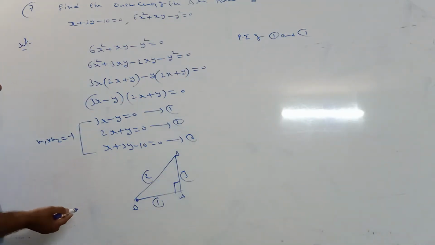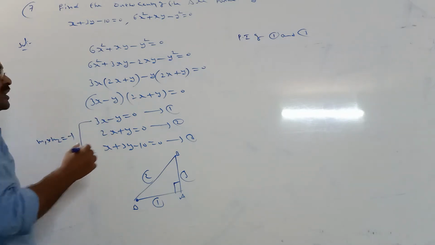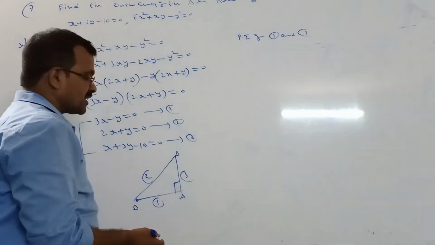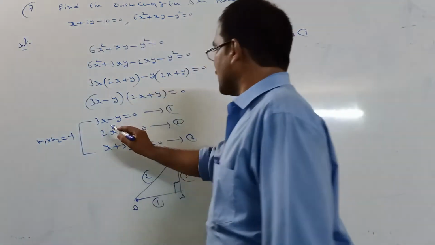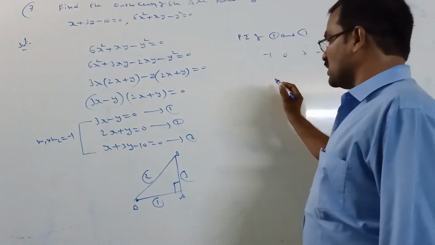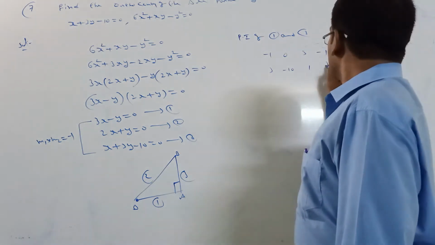So by the elimination method, 3x minus y equal to 0 means y equal to 3x. Otherwise, by the cross multiplication method, find the point of intersection. So minus 1, 0, 3, minus 1, 3, minus 10, 1, 3.